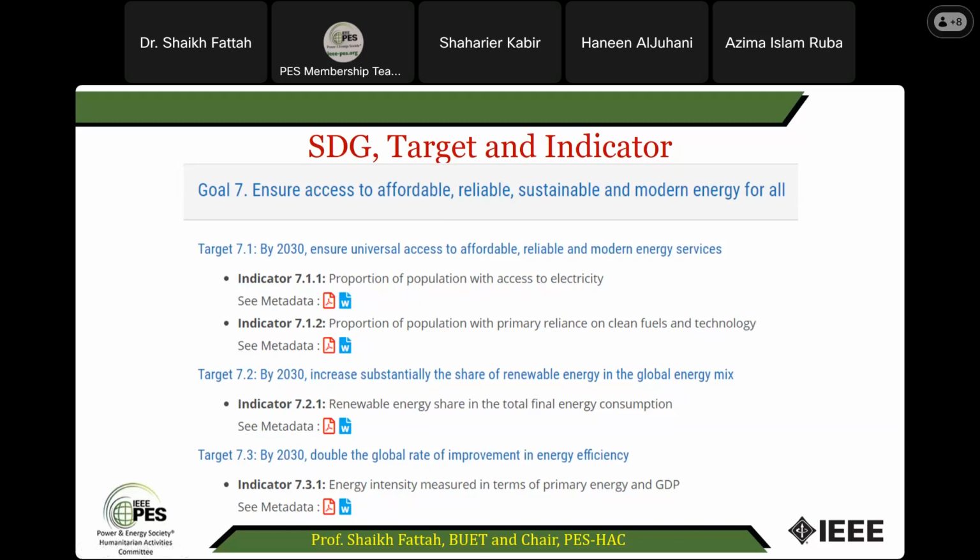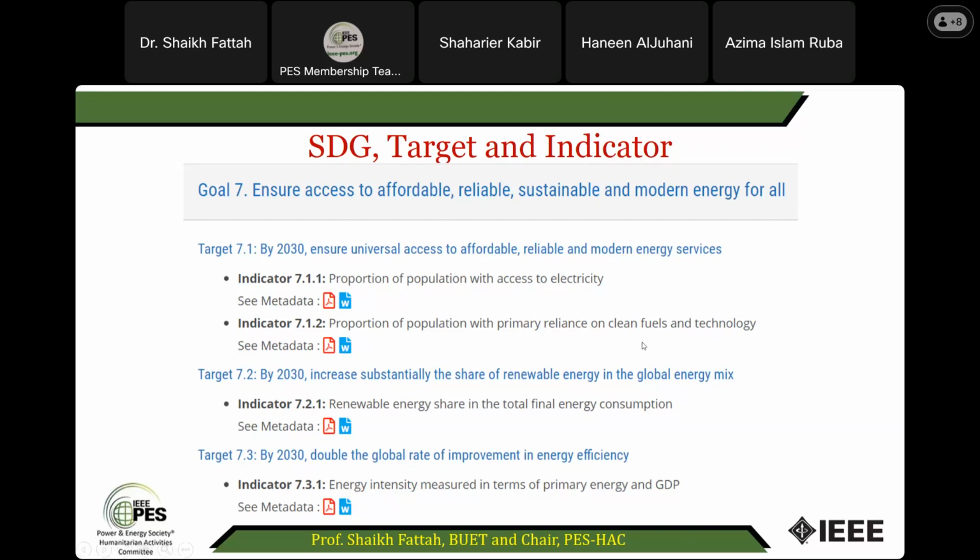And for each target, there are some indicators, because you are telling that you are providing universal access to your community. But you have to understand the proportion of population with access to electricity. Truly, how many people will be provided access? In your project, how many people were not getting access, and after doing the project, how many people were brought to access? That will give you some idea of how successful you are in achieving that target. So that indicator you may consider in your project.